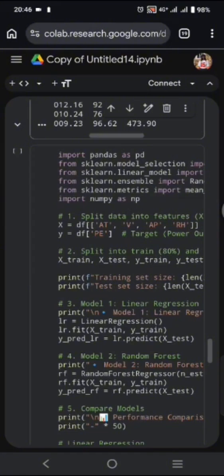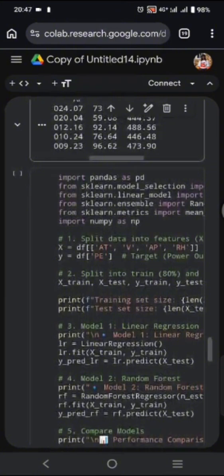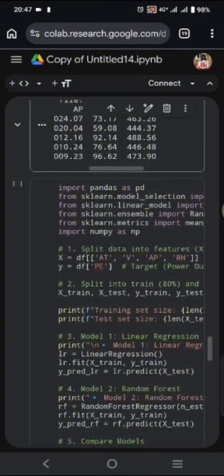I have linear regression for my first model, and for the second model I have random forest regression. I also have mean absolute error, mean squared error, and R squared score to evaluate my model. And finally, I have numpy for mathematical operations.